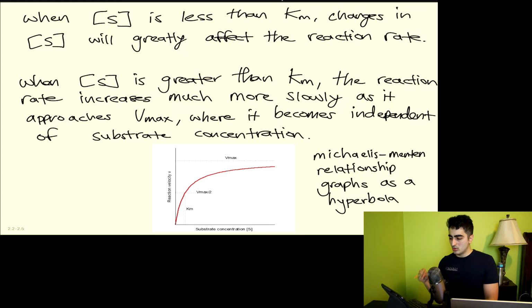But what I want you to know for now, for this lecture, is that when the substrate concentration is below Km, the reaction velocity increases really, really fast. But when the substrate concentration goes past Km, the reaction velocity increases much more slowly until it reaches Vmax and flat lines, where no amount of substrate that you could add is going to change the Vmax.